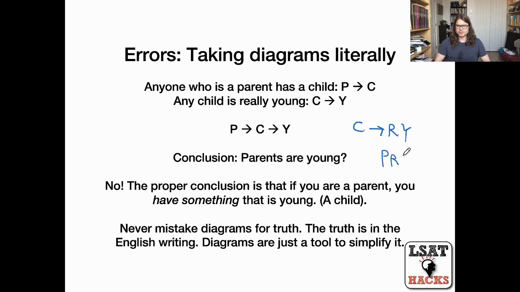I've also seen people do things like P, R, X arrow Y, L, Z. I don't know what this would represent, but this gets confusing if you diagram this. You want one letter, two letters max to represent ideas, because once again, the truth is in the English. The diagrams are just a shorthand. If you have three letters or more, it's not good shorthand.